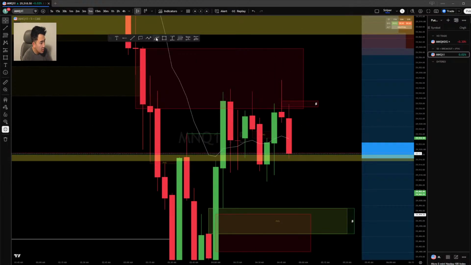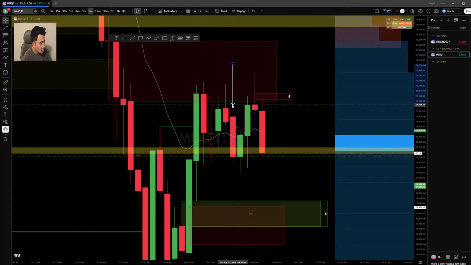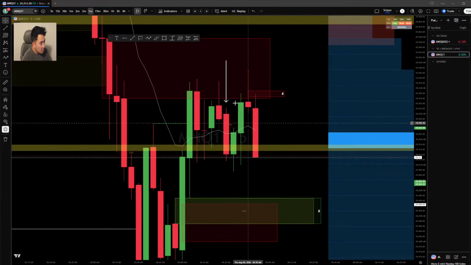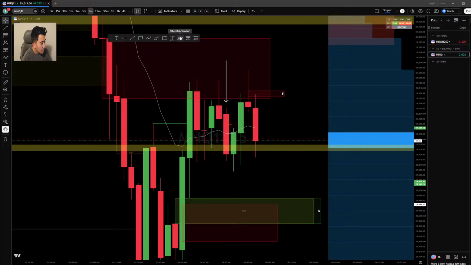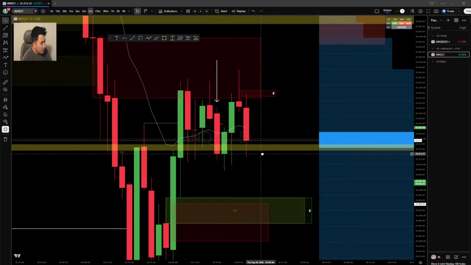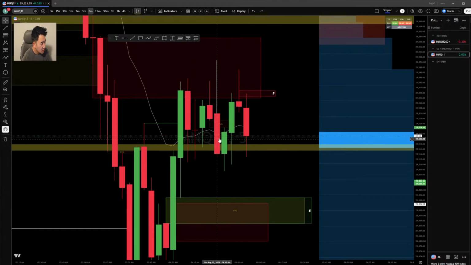It's like we kind of had this break right here of this candle. There wasn't any resistance right here, so I wouldn't consider this a true breakout candle.